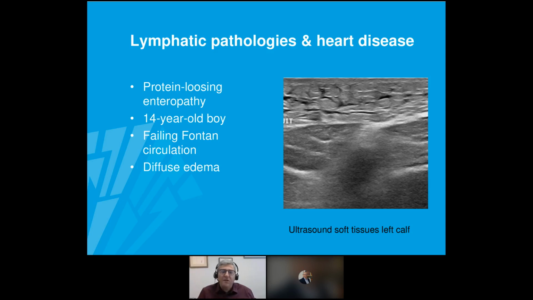They are losing a lot of proteins into the bowel, and they are treated with a lot of drugs like cardiac drugs, to try to stop this protein losing enteropathy. However, that does not work in most of the cases.